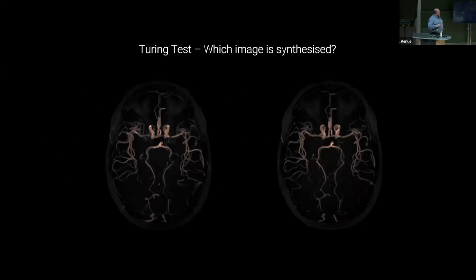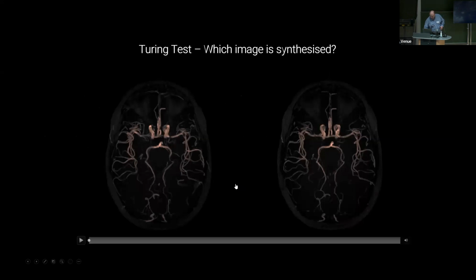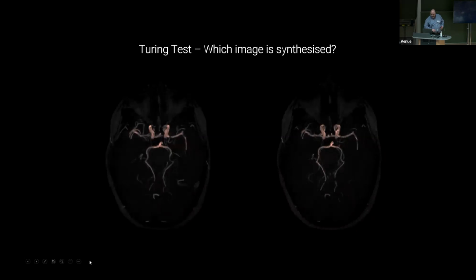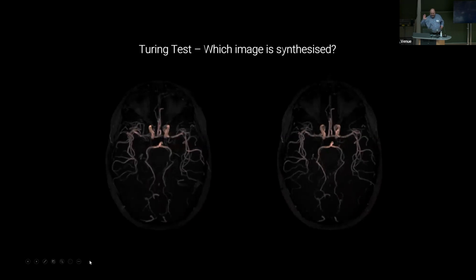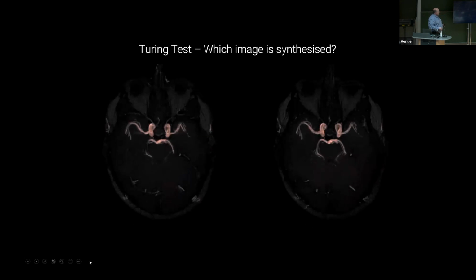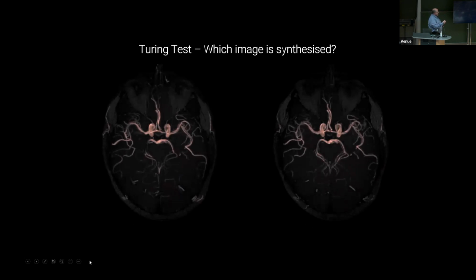And I'm going to ask you to do a Turing test: can you tell me which of these two is the real one, and which one is the synthetic one? What I'm doing now is a maximum intensity projection, where I'm going to the back, and then doing a slab maximum intensity projection, so you see the vessels coming in.